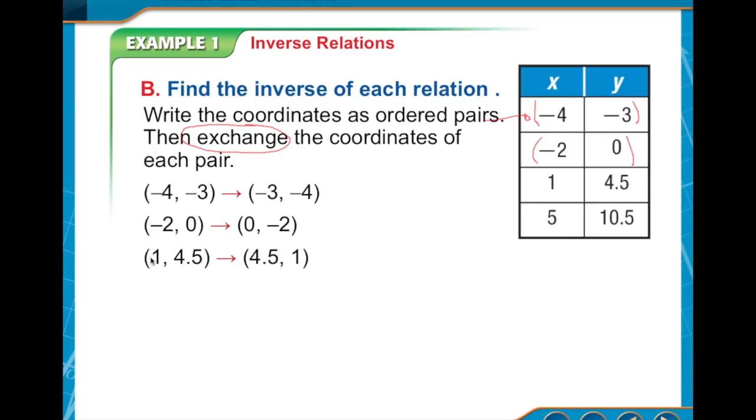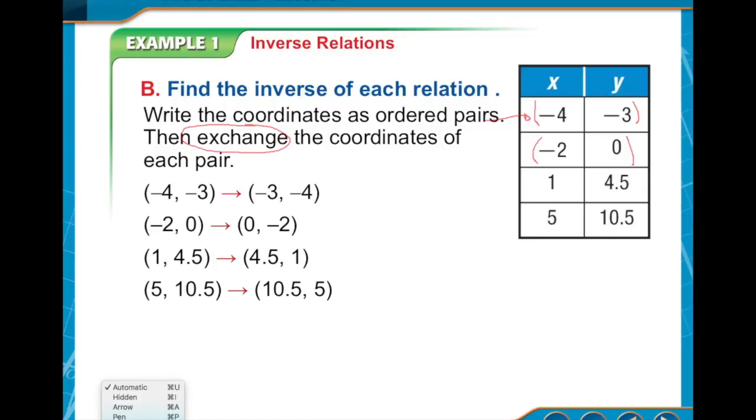Okay, same logic with the third point. 1, 4.5 becomes 4.5, 1. So hopefully we're understanding this concept. With that same pattern, that same logic, 5, 10.5 would become 10.5, 5. So this is what we would get when we're given this table and we switch the order of each pair.